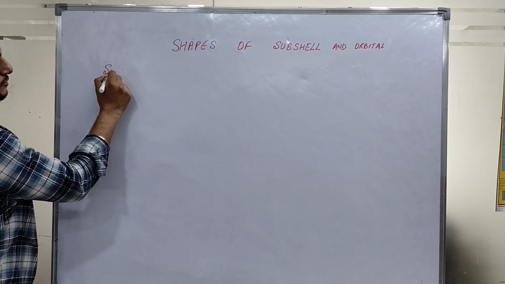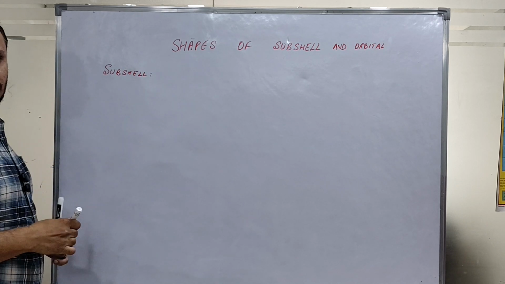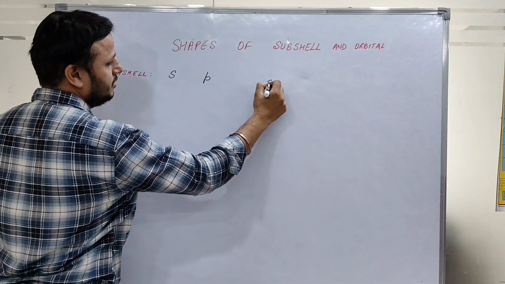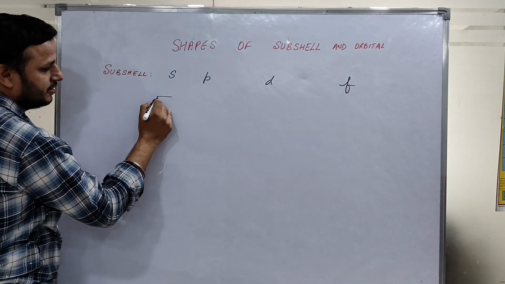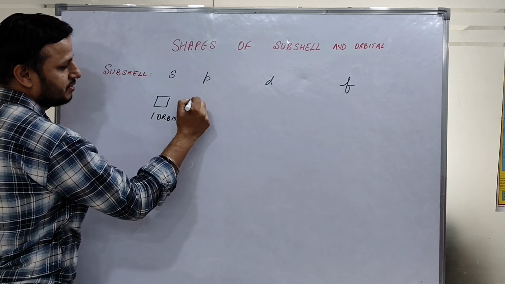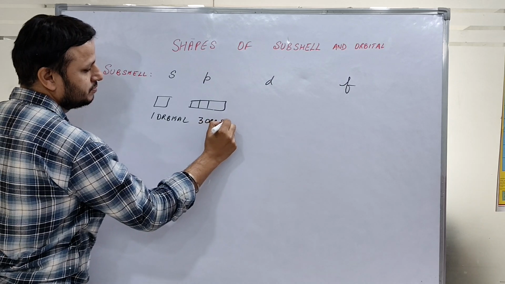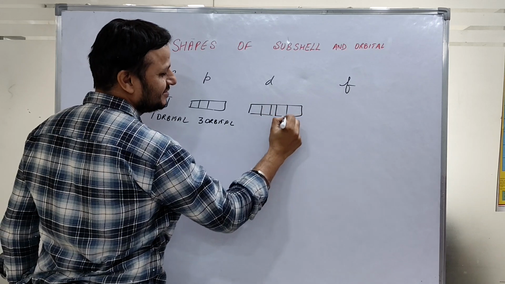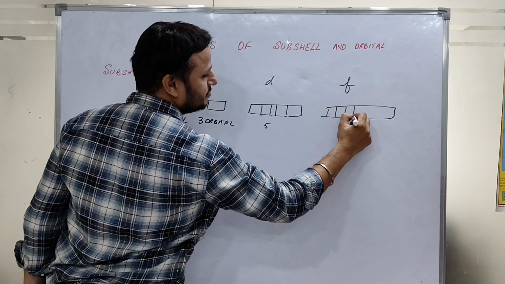So subshells are S, P, D and F, where S contains one orbital, P contains three orbitals, D contains five orbitals, and F contains seven orbitals.